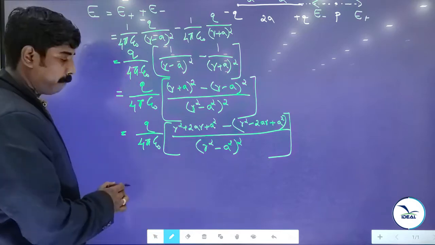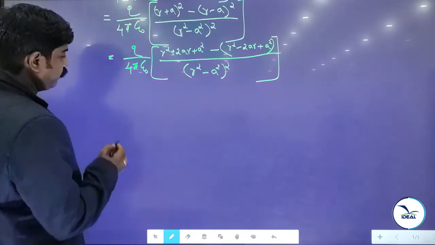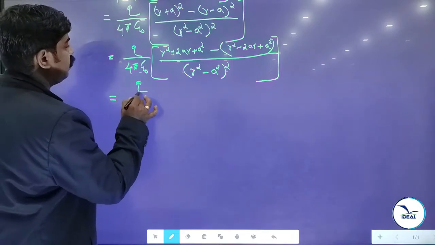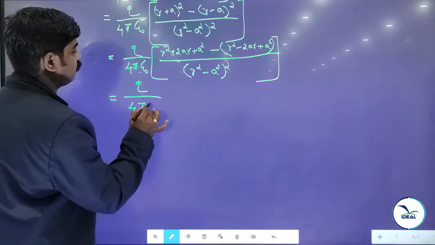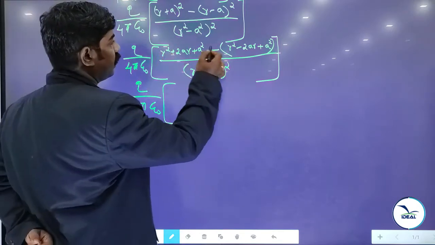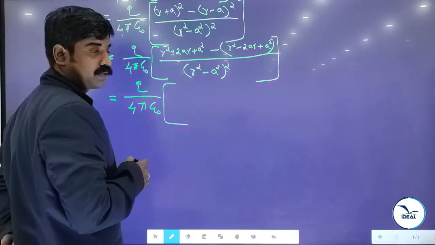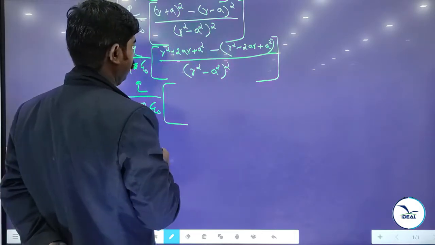Then again we will get q by 4 pi epsilon 0. Here one r square is there, here it is minus r square, so that term will cancel.